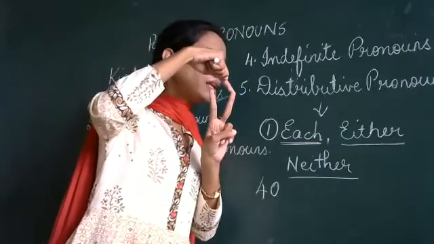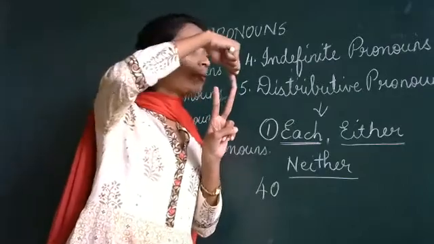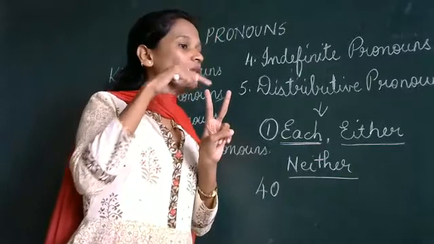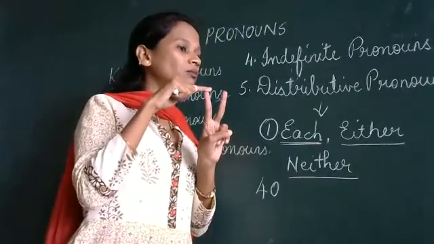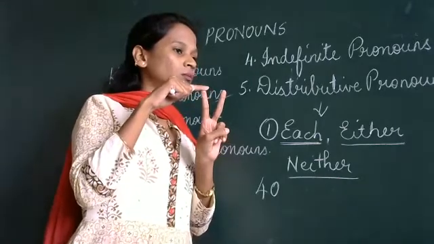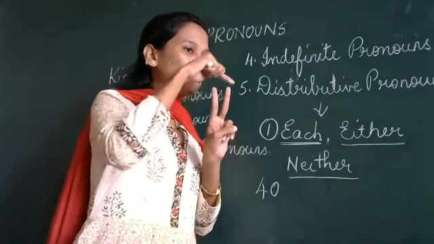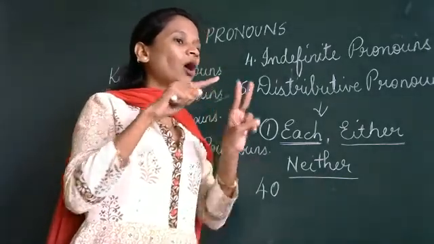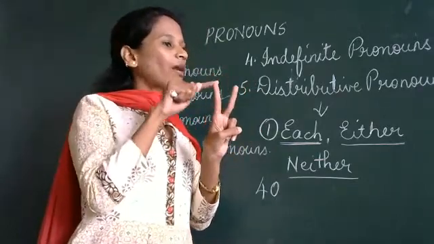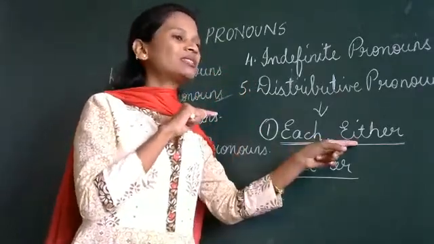If you want to take part in Children's Day, you should not take part in Annual Day. Did you get me? Either means any one out of two celebrations, you select one and participate.